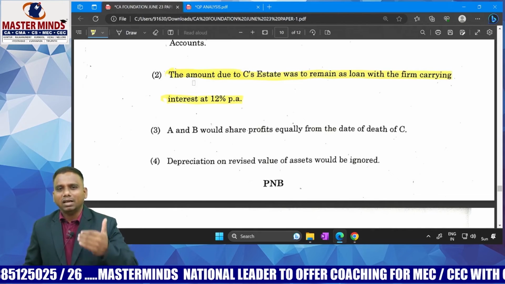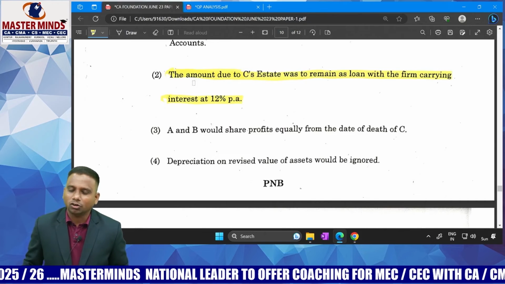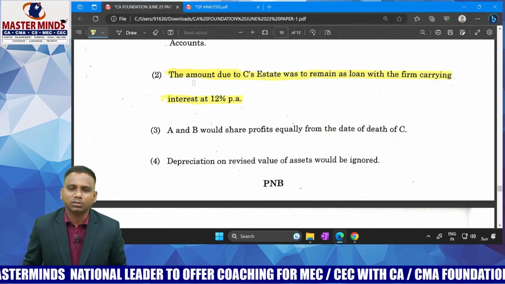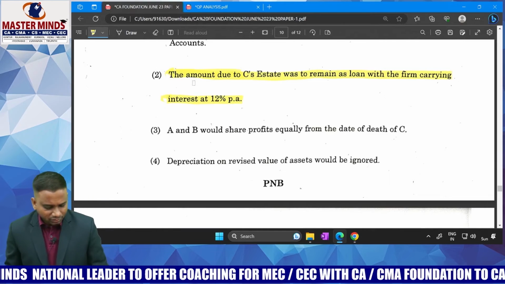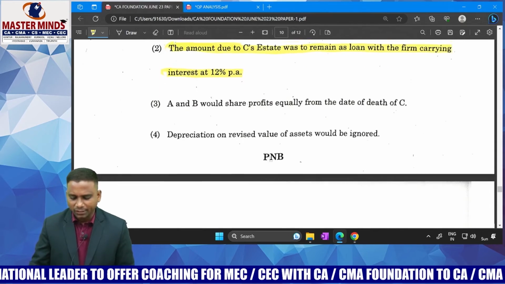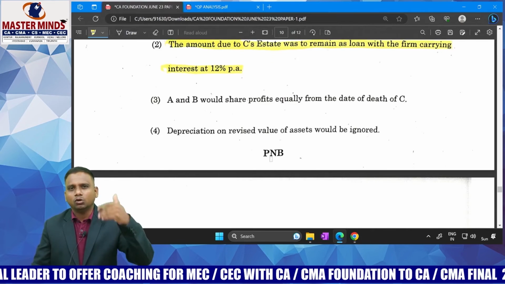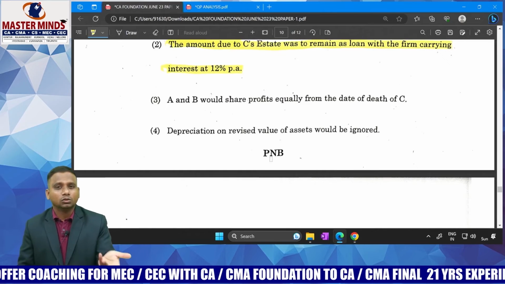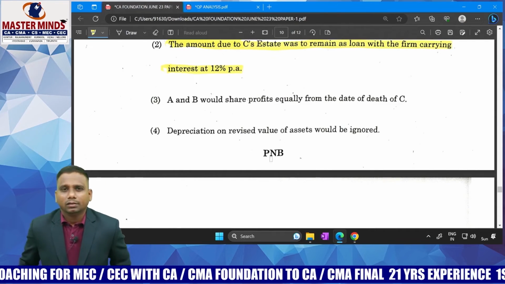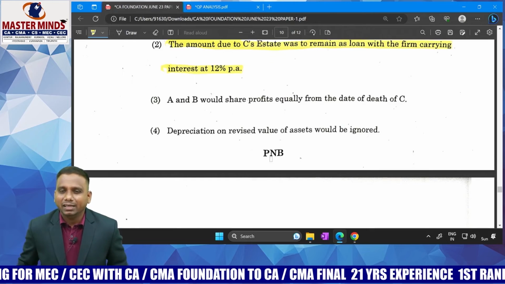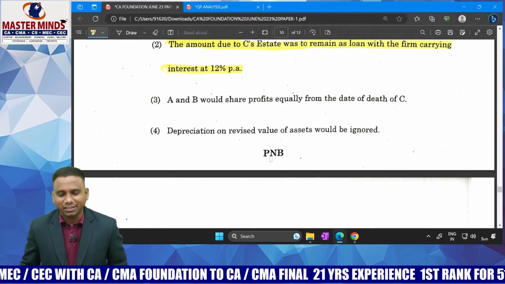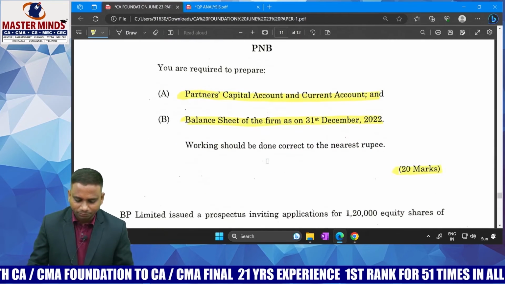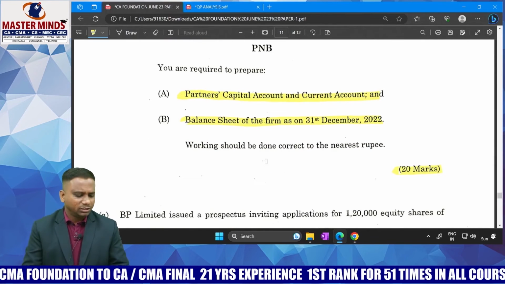The balance which we have in C's capital after all adjustments, we transfer to his loan account, which carries 12% per annum interest. Next, A and B would share profits equally. Okay. So, with this, what can you calculate? Above we have the old profit sharing ratio; now it is the new profit sharing ratio, equal, 1:1. So, that we calculate, tell me, the gaining ratio. Next, depreciation on the revised value of assets would be ignored. Fine, that is the requirement. I hope this is a little bit lengthy.